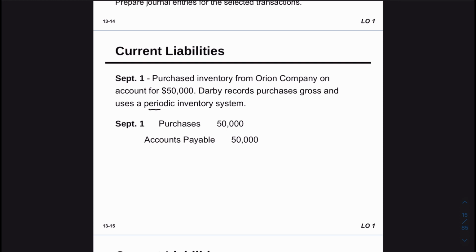In the periodic system, we don't update our inventory account. Instead, we will have a temporary account called purchases. So we've purchased this inventory on account. So we will debit purchases instead of inventory because we're using the periodic system, and we'll credit accounts payable because we've purchased on account.